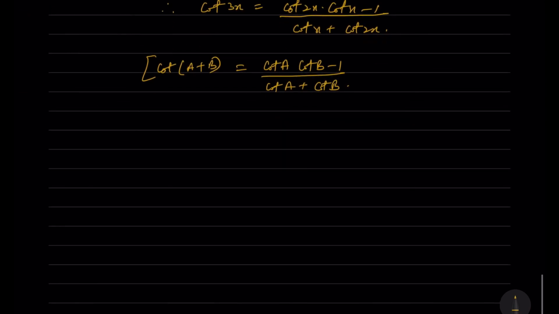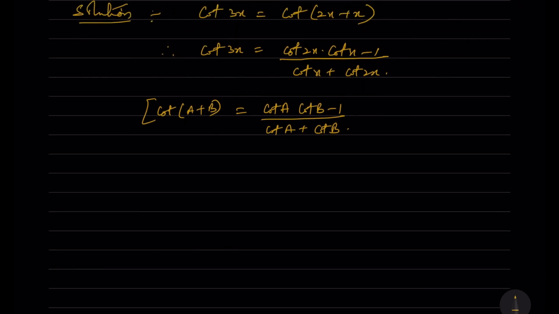So now, cross multiplying this, what are we getting? We'll see. Therefore you will get cot 3x into (cot x plus cot 2x) is equal to cot 2x into cot x minus 1.